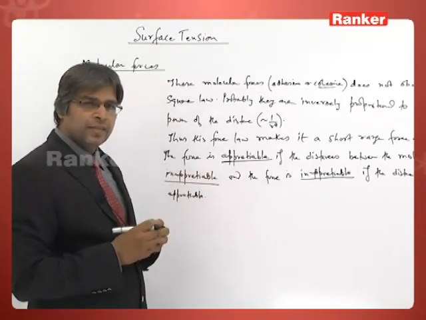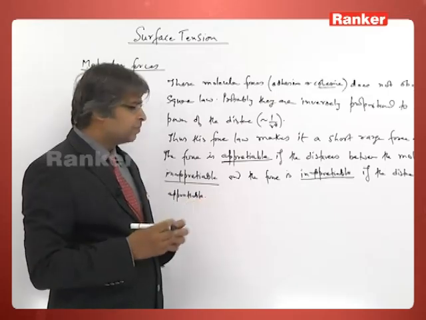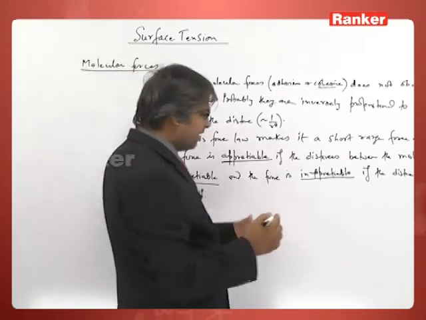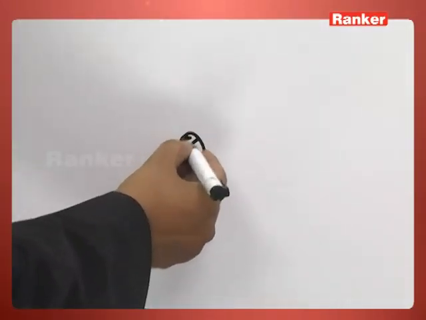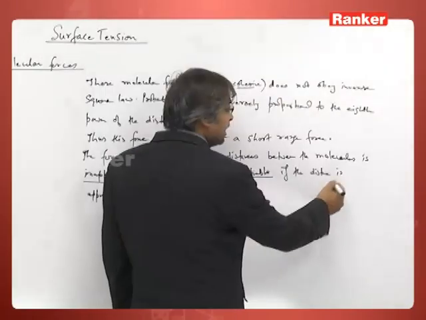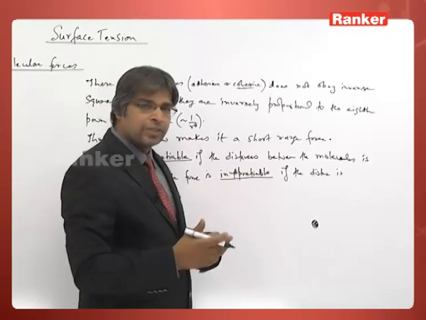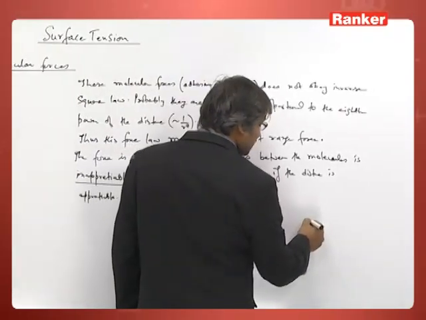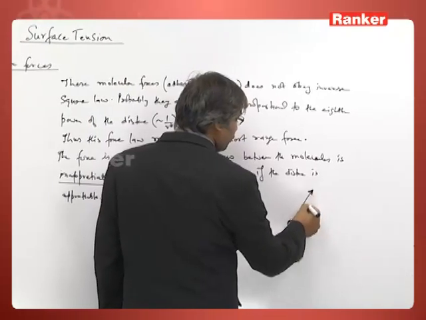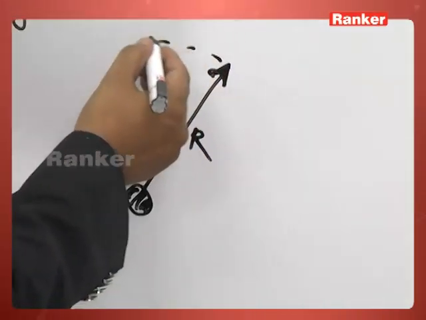So, the range is very limited, not very large. That means if this is a molecule, then it can influence another molecule only over a certain distance. Suppose this is its range of molecular influence.